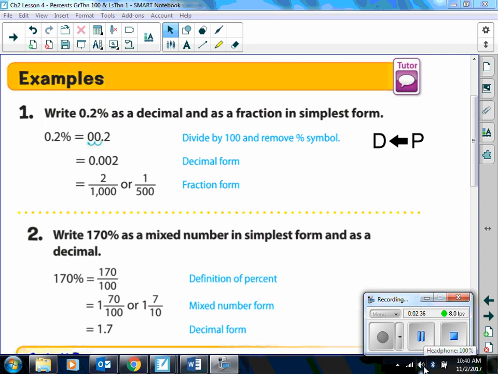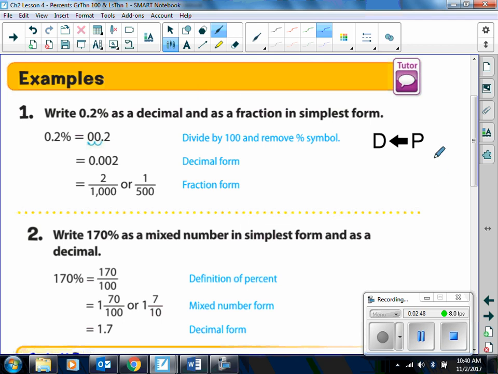It says write 0.2% as a decimal and as a fraction in simplest form. So the first thing we want to do is write the percent as a decimal. And remember, when we're going from percent to decimal, what am I doing? Moving the decimal 2 places to the left.